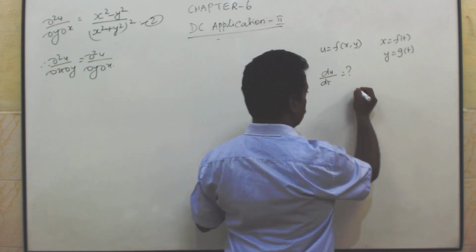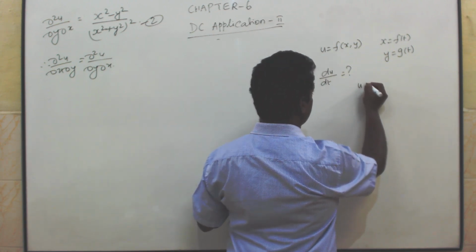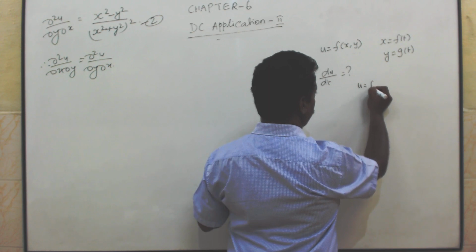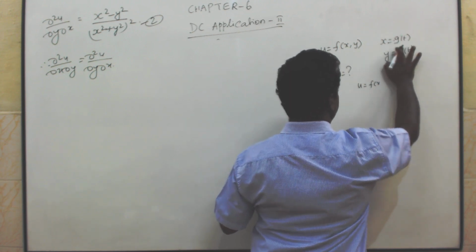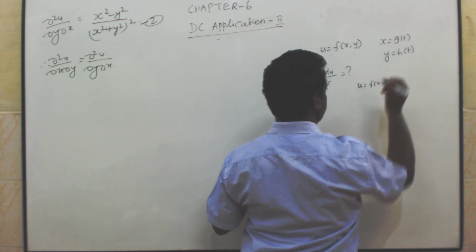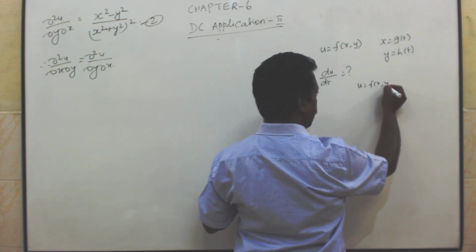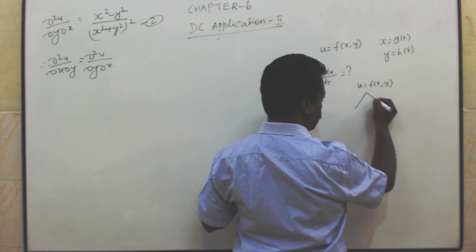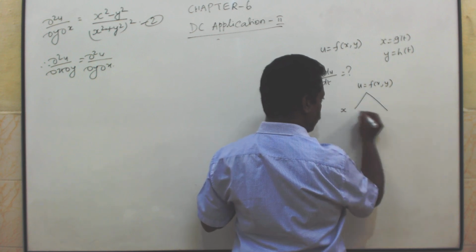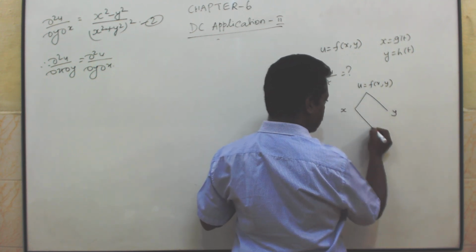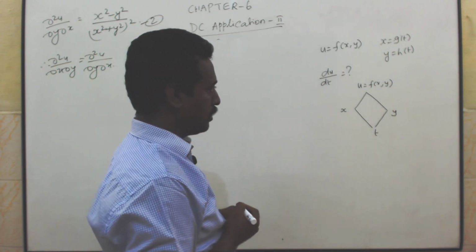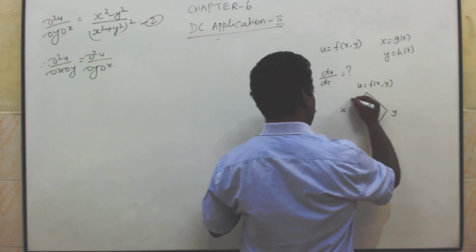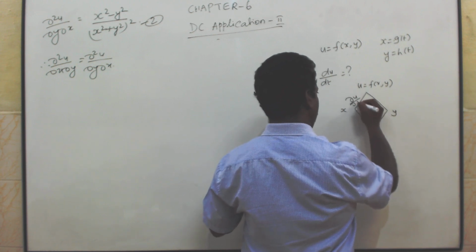Now, u equals f of x comma y, where x is g of t and y is h of t, some functions of t. Now, u has two variables x, y. X is a function of t, y is also a function of t. This is dou u by dou x.